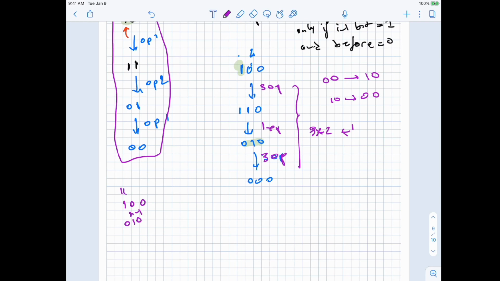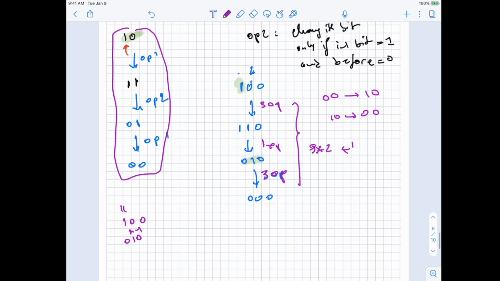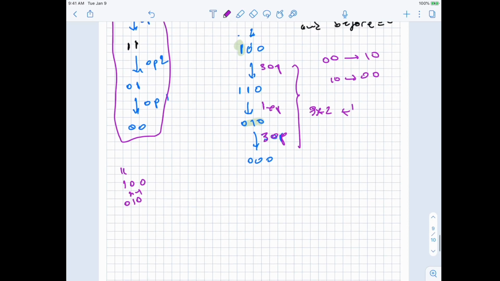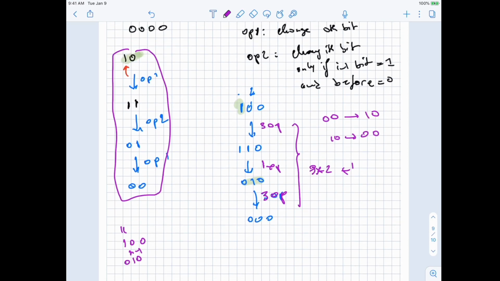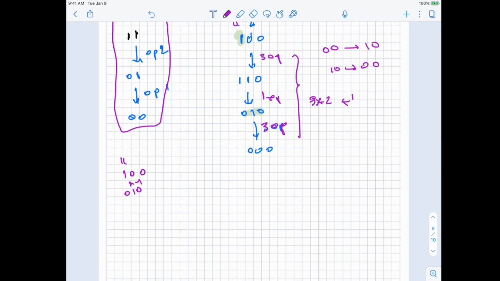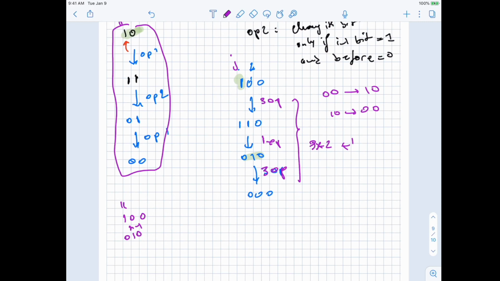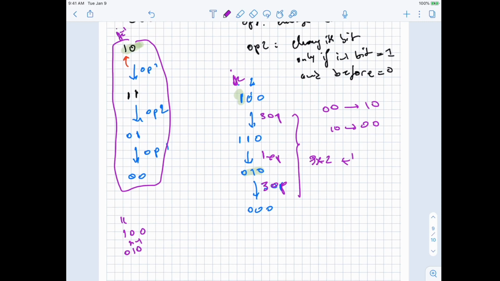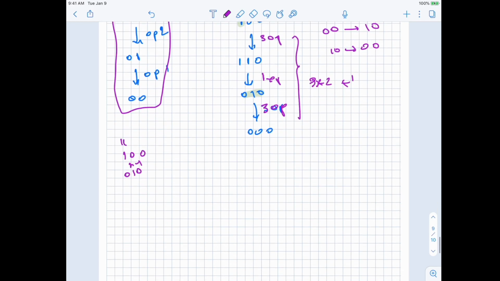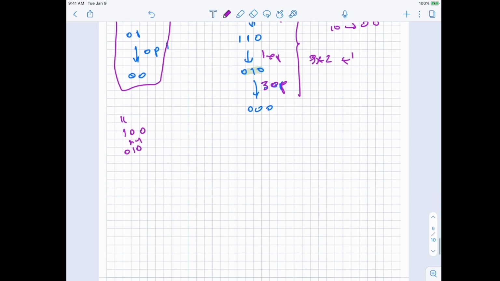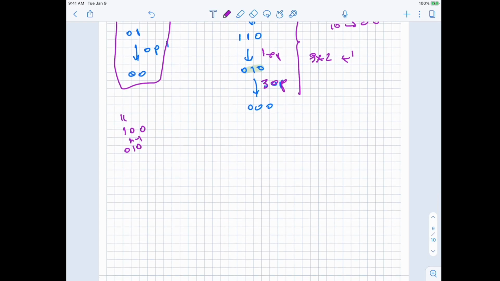Let's say this is the j minus 1 bit and this is the jth bit. We start numbering from the right, so k minus 1 is one position to the right.